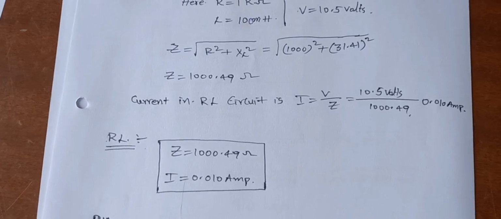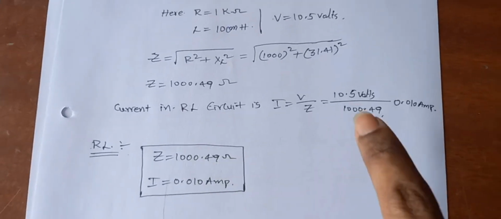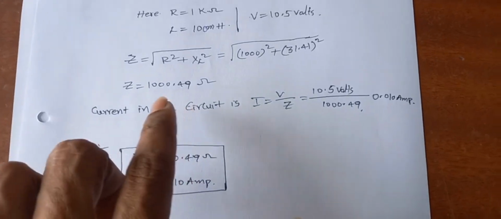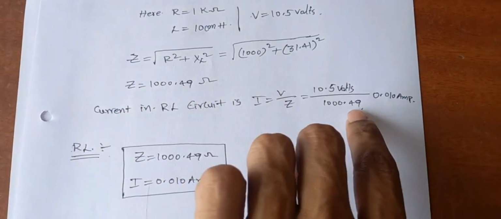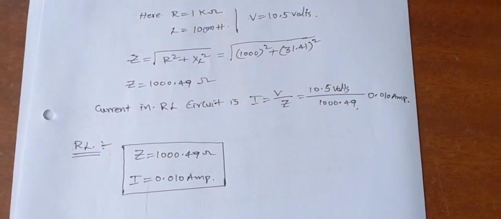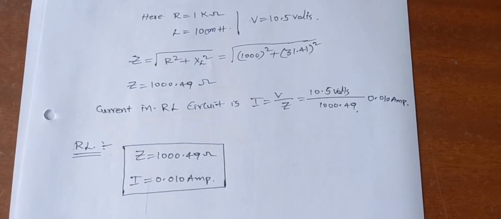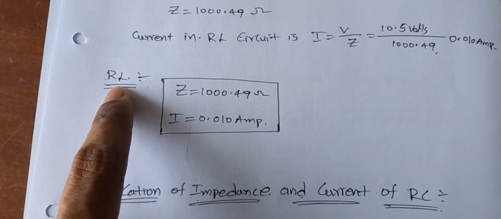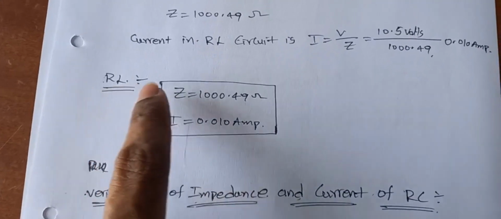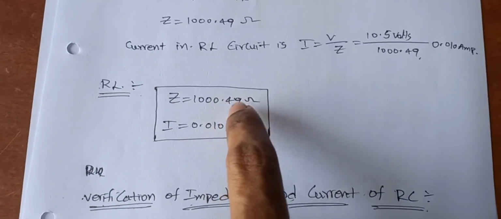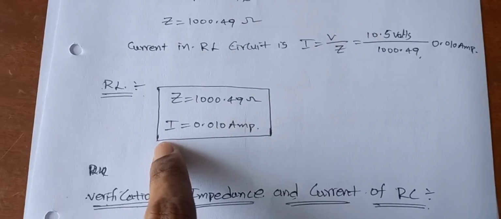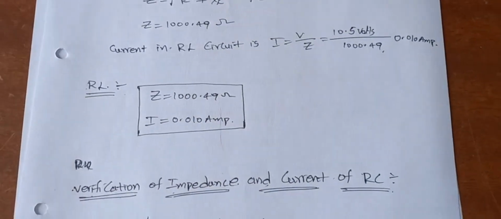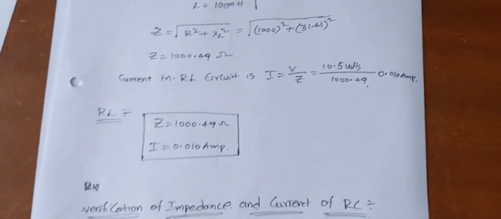V is 10.5 volts and we substitute the calculated Z value, so we got the current value 0.010 amperes. So in RL, we finally calculated Z value 1000.49 ohms and current I equal to 0.010 amperes.